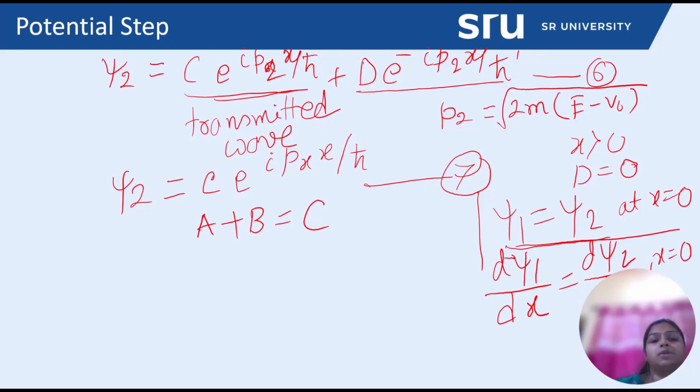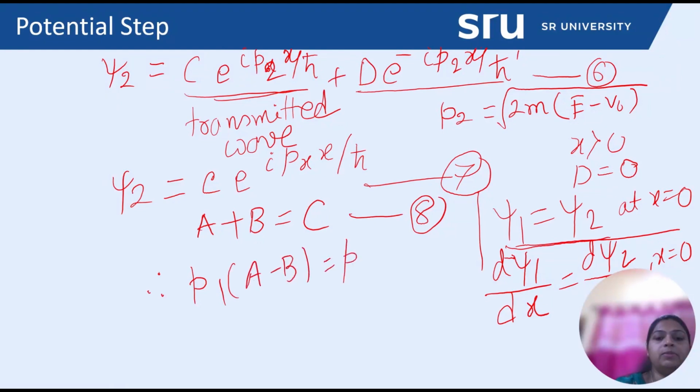So we can write, let's say this is equation number 8, and we can write at x equal to 0, p1 (A minus B) is equal to p2 C.